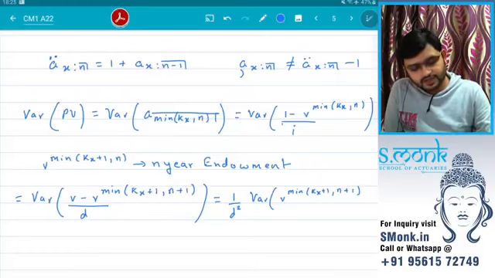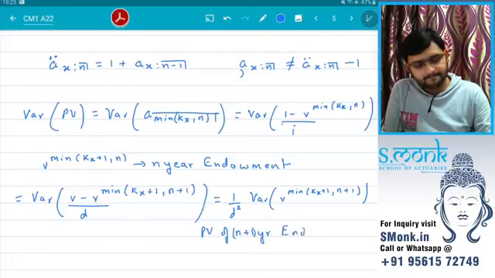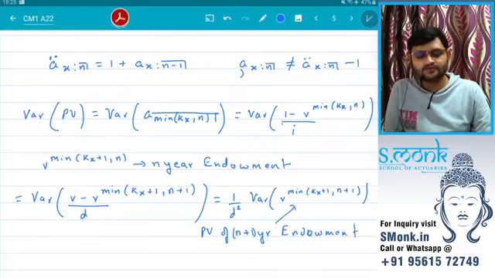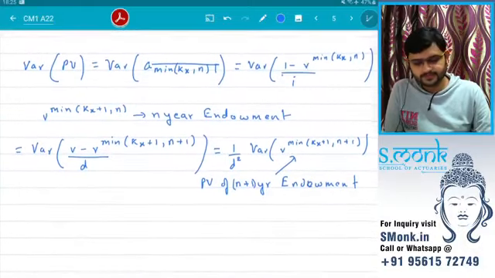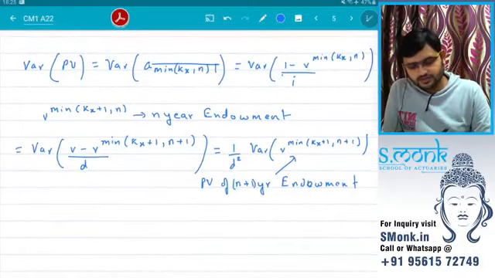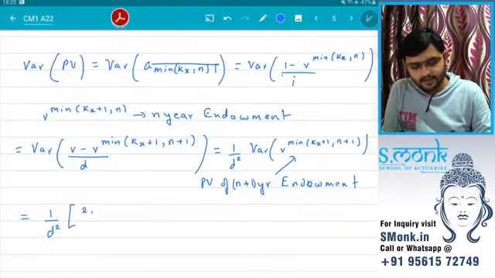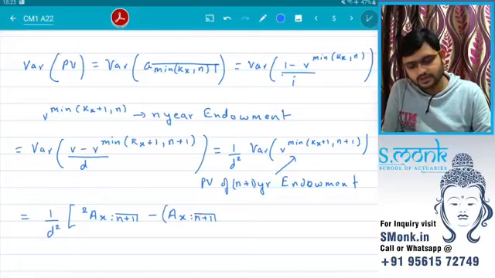So this would be present value of n plus 1 year endowment. So this would be 1 by d square, 2A x n plus 1 minus A x n plus 1 whole square.